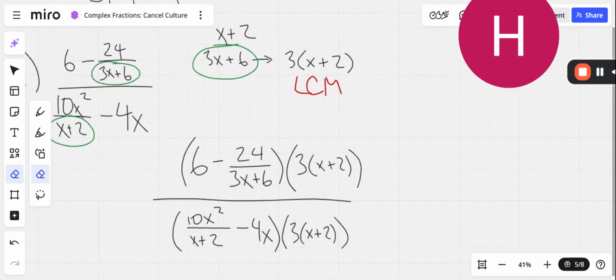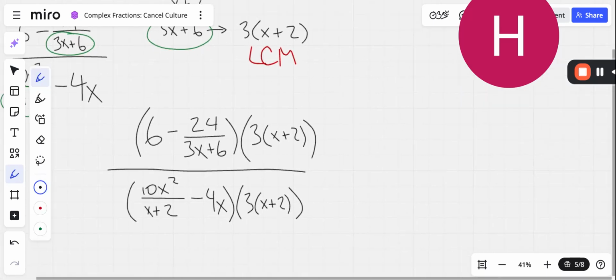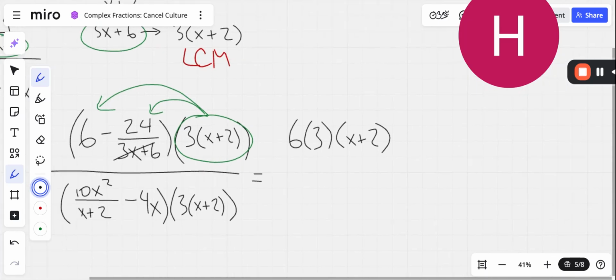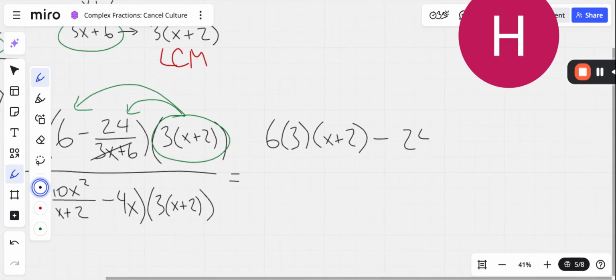Okay, let's get started, because if we distribute this, we know that it's going to cancel out the 3x plus 6 on one hand, but for the 6, we still have to multiply this. 6 times 3 times x plus 2 minus 24.